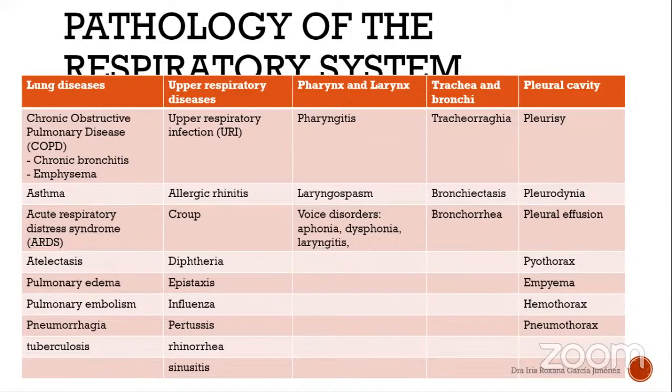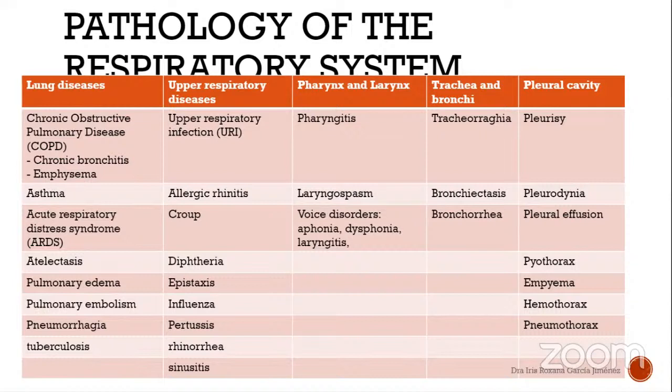About the upper respiratory diseases: upper respiratory infection, allergic rhinitis, croup, diphtheria, epistaxis, influenza, pertussis, rhinorrhea, sinusitis. About pharynx and larynx: pharyngitis, laryngospasm, voice disorders like aphonia, dysphonia, laryngitis.